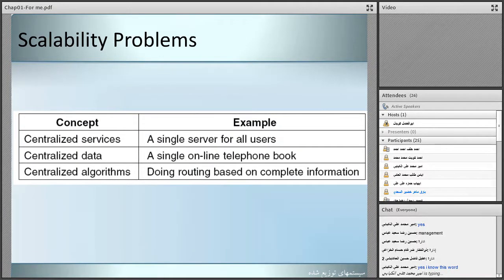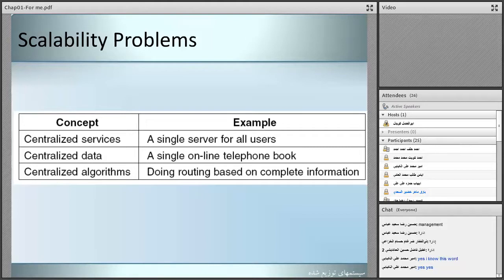And what are the main problems of scalability? Suppose you want to make your system scalable in terms of size, geography, and administration. Okay, what are the main problems? The first problem is about centralized services.